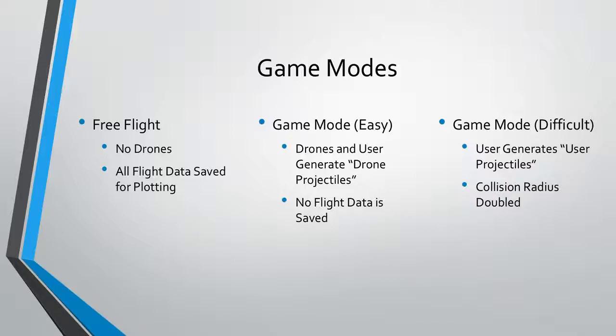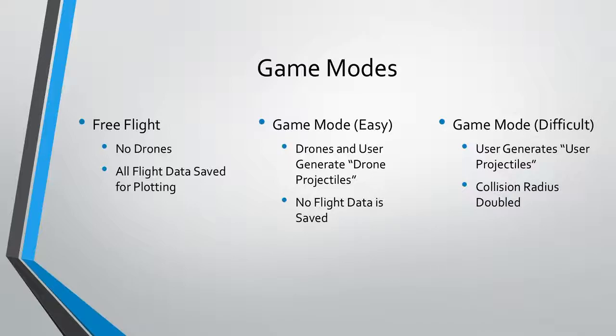You have to lead your target aircraft. Like I said, there's a small amount of targeting with the user projectiles, but not nearly to the extent that the drone projectiles have. So it makes for a much more difficult game environment.